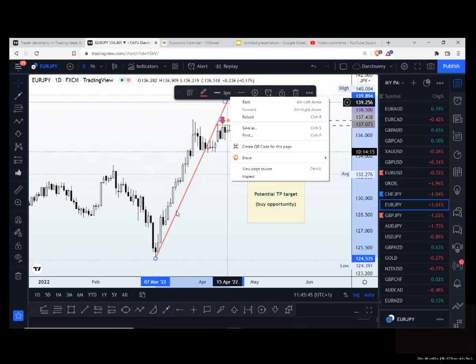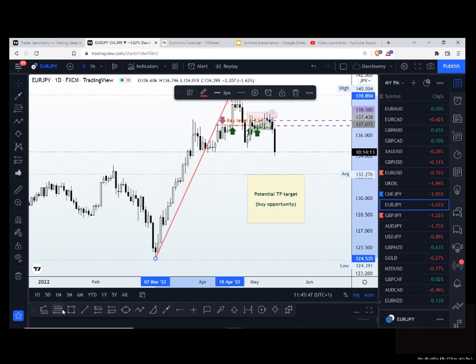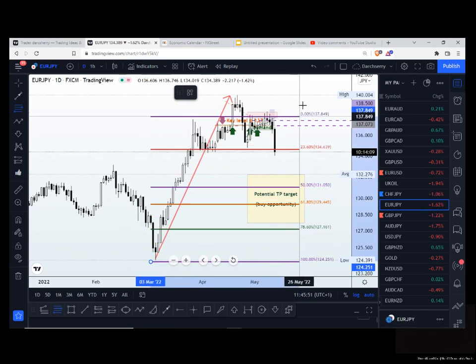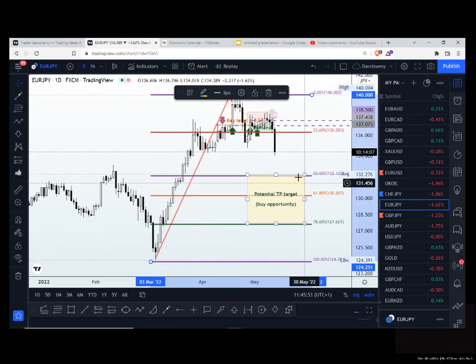So with that impulse leg, if we take our retracement tool right from the bottom of the impulse leg and run it through the impulse leg right to the top, we will see that our golden zone falls right between 50 to 78.6% retracement of that impulse leg. So what does this simply mean?